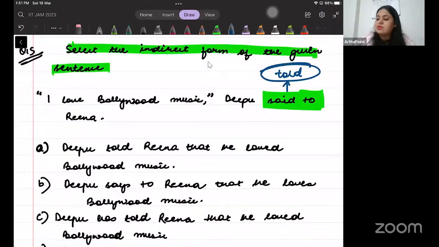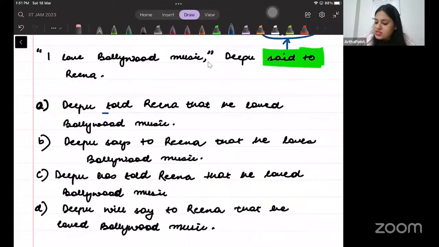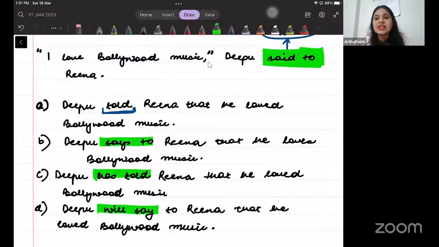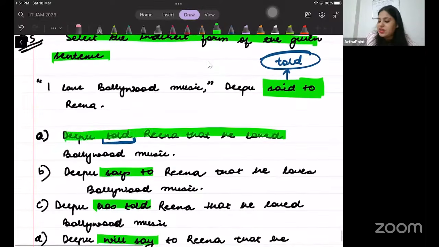If you know only this rule, you will be able to solve this question. So only told is coming here. Says to is incorrect. Has told is incorrect. Will say is incorrect. Said to is always converted to told. So Deepu told Reena that he loved Bollywood music. Right? So this is the indirect form of this.